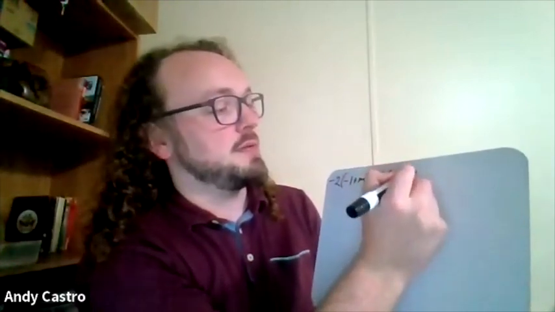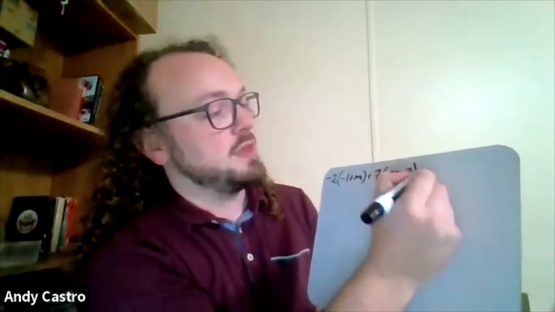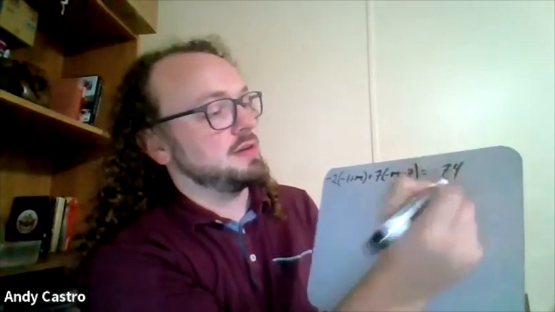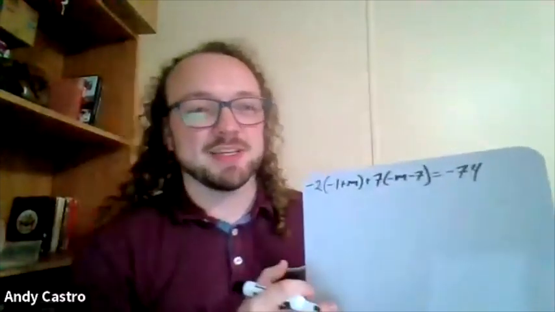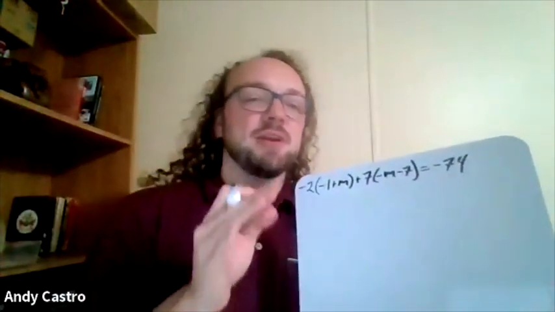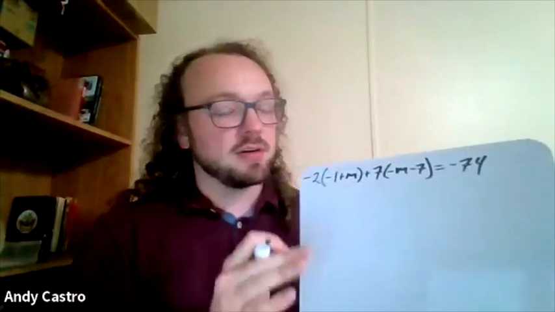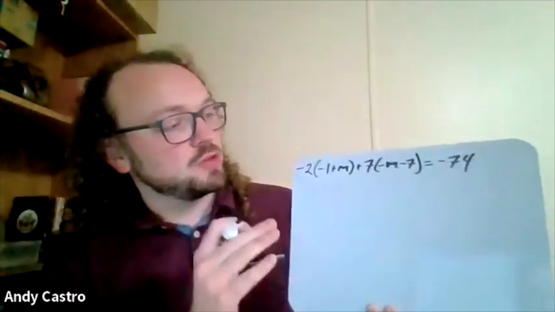So we've got negative 2 times negative 1 plus m, plus 7 times negative m minus 7, equals negative 74. Now again, it looks like there's a lot going on here, but none of the individual parts are going to be too challenging.